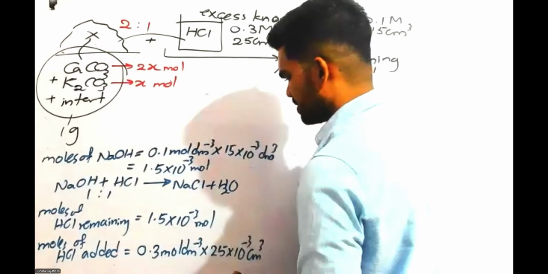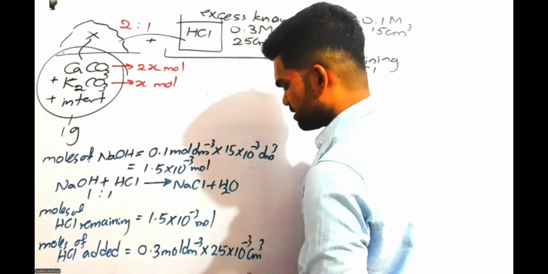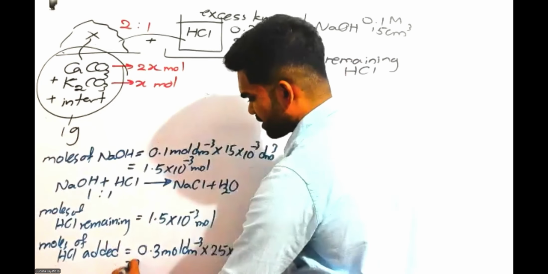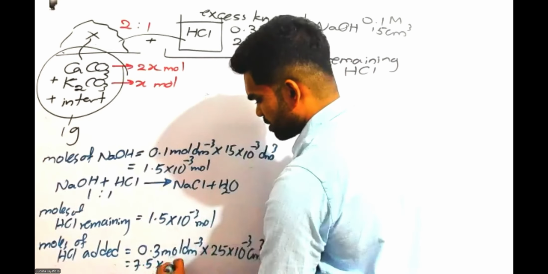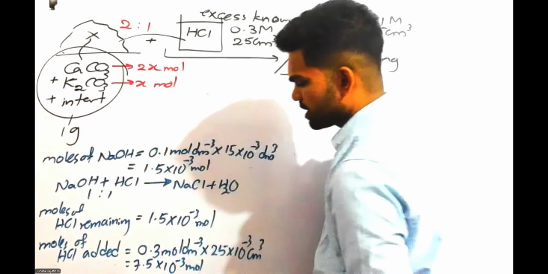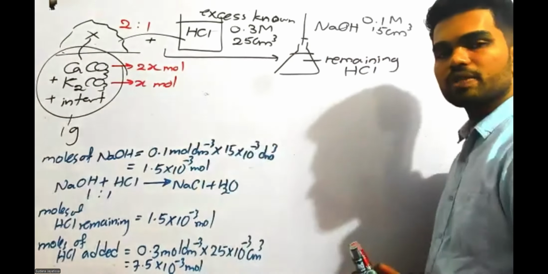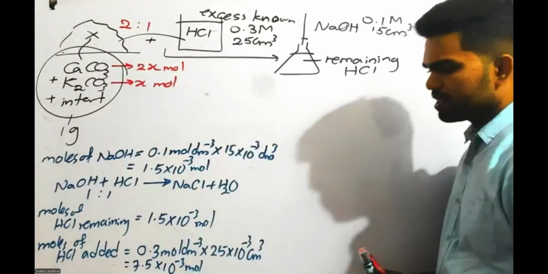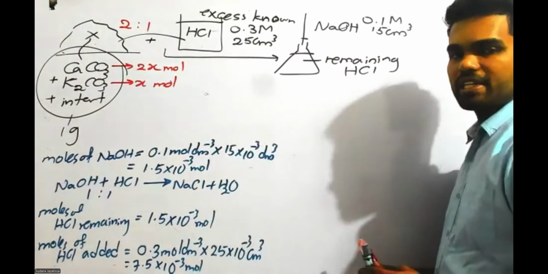So you will see 7.5 into 10 to the power minus 3 moles. Now you add 7.5, you can see 1.5 is remaining. So how many moles are reacted actually with this sample? The difference, no? So then you can write that one.